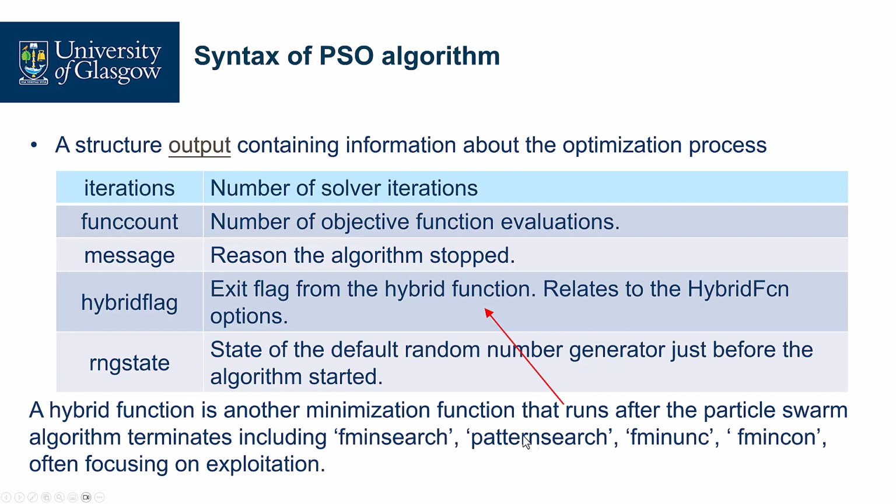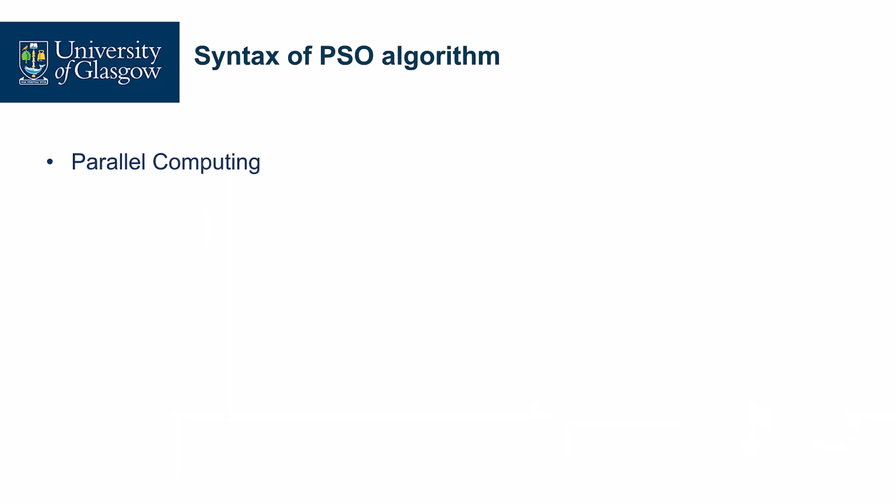These functions are the conventional mathematical optimization algorithms, and we can use them to support the PSO. So PSO can first globally jump out of many local optima to find a satisfactory solution. And with these methods, we can use that one as a starting point to make a further improvement, right?